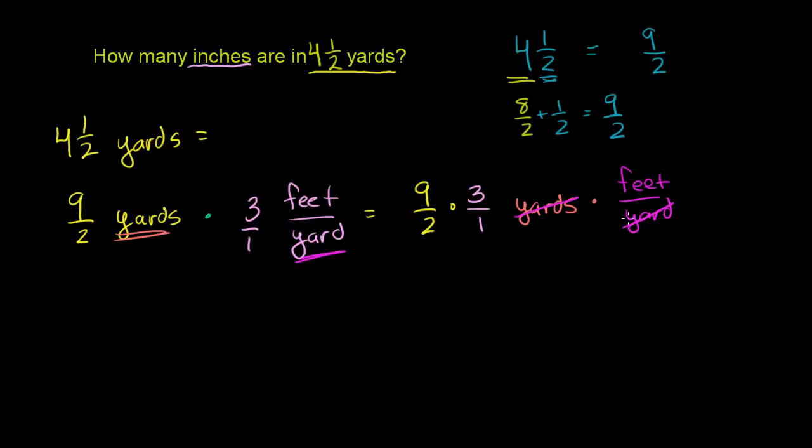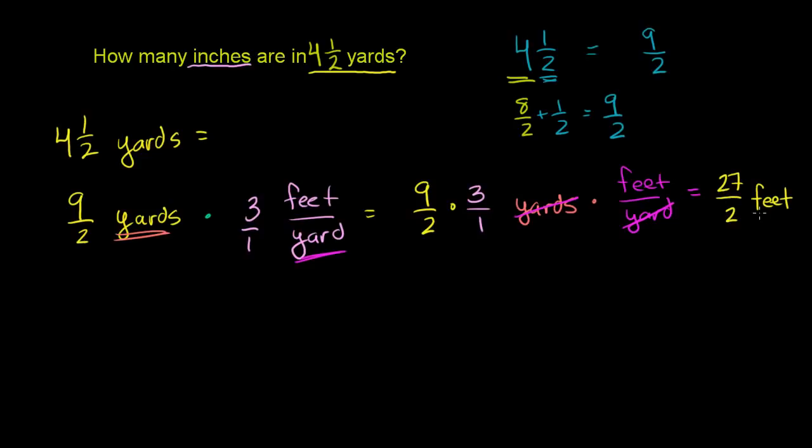The yards cancel out. And you are left with 9 times 3 is equal to 27. 27 over 2 feet. So we figured out 4.5 yards is 27 over 2 feet.